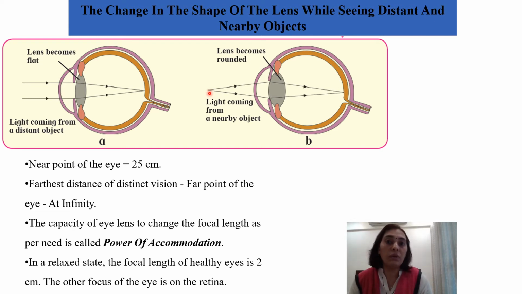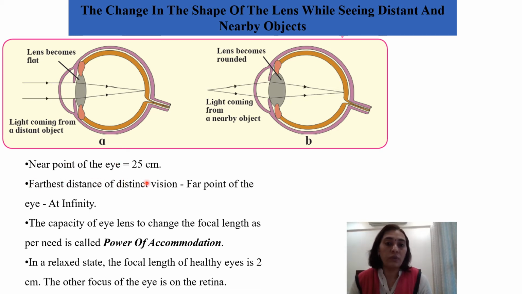That minimum distance is 25 centimeters. So the near point of the eye is at 25 centimeters, which indicates that only if the object is at a minimum distance of 25 centimeters can we see it clearly. This is also called the near point of visibility of the eye.